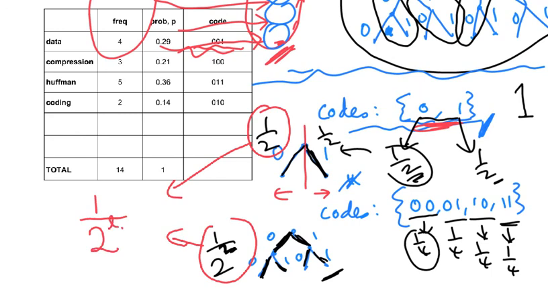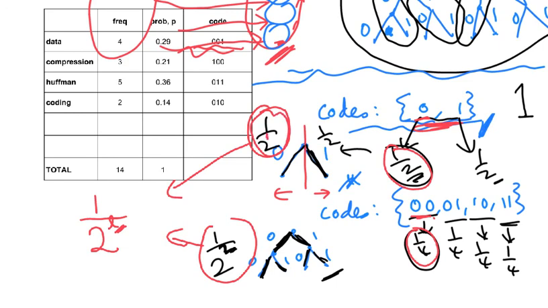For example, this is 1/4 and this is 00. The length of the code here is 2, so this 1/4 corresponds to the case where L equals 2. And this is half. The length of 0 is 1, so this 1/2 corresponds to the case where L equals 1.